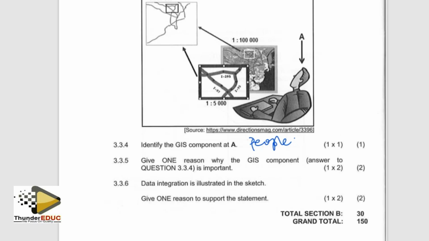Give one reason why the GIS component in that question above is important. It is important to interpret and analyze data. Okay. It also helps in data application.